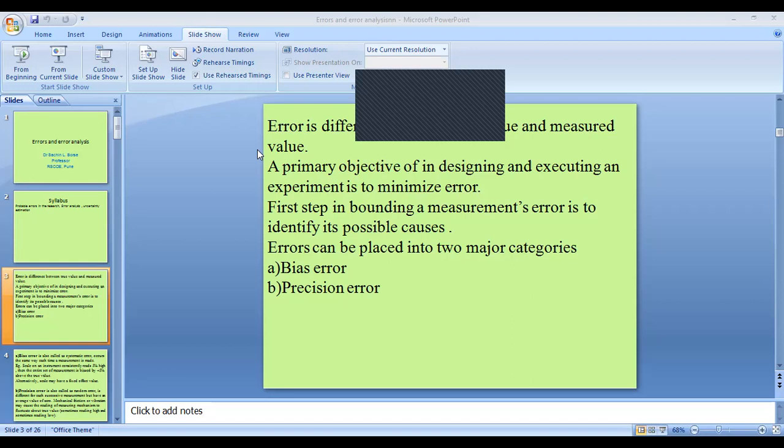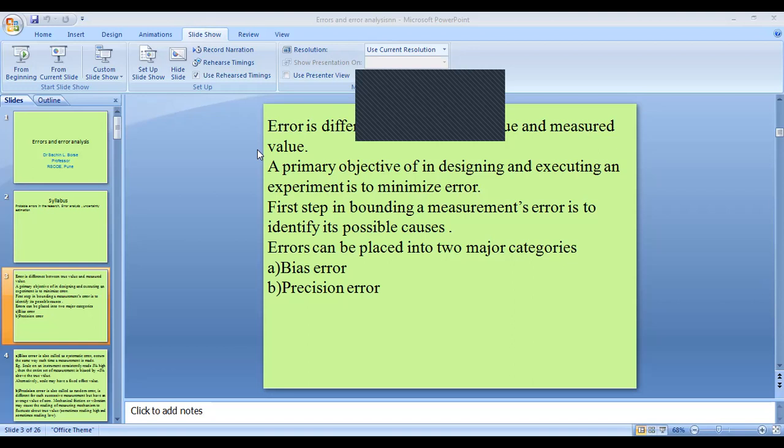It will always be something plus from the actual value, or something minus, but it is occurring in the same way. So that's why it is called systematic error. The benefit of bias error is that we can find it and eliminate it. So correction is possible in systematic error.